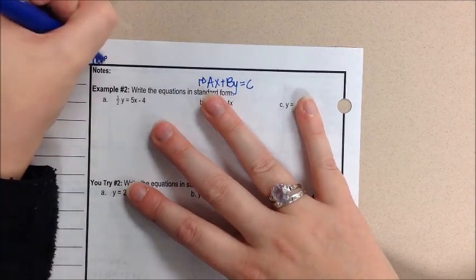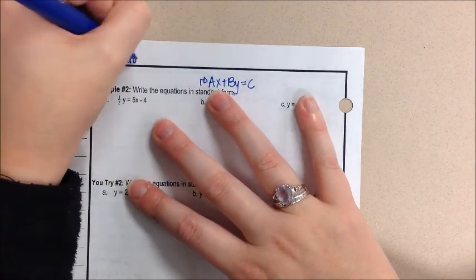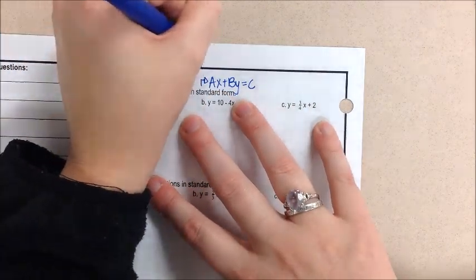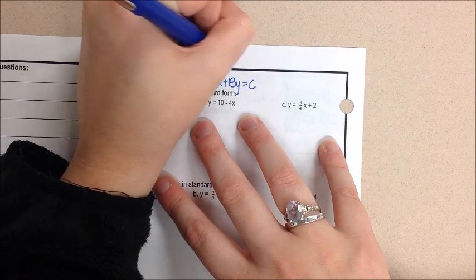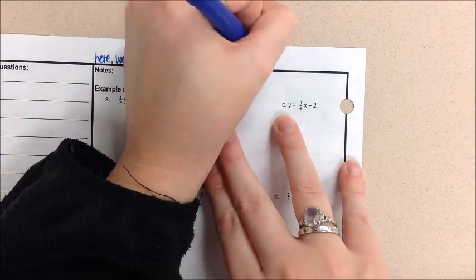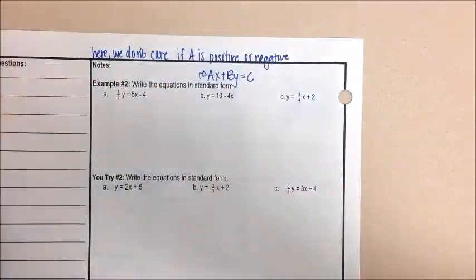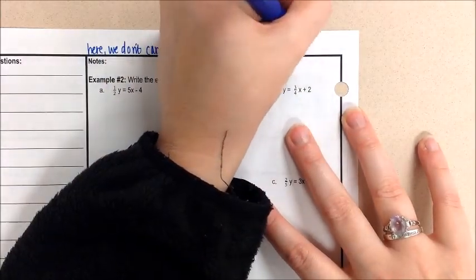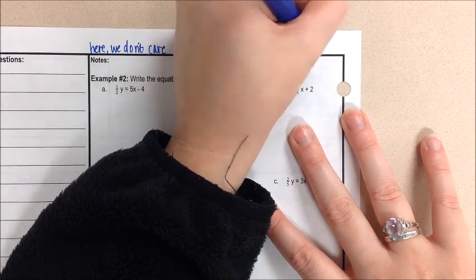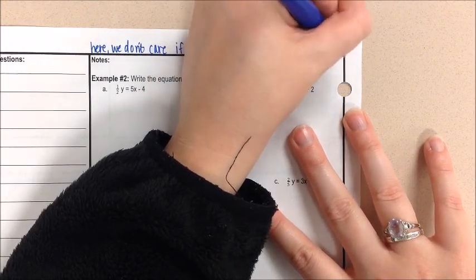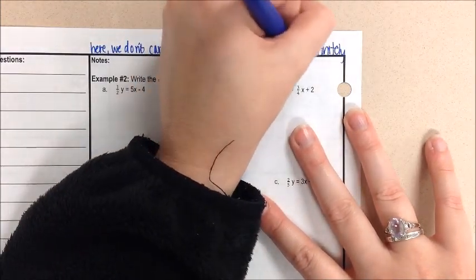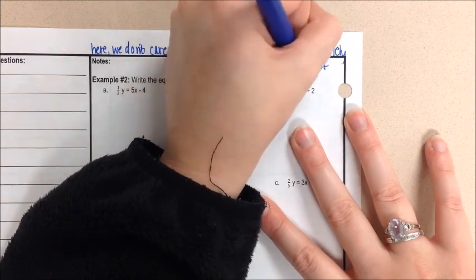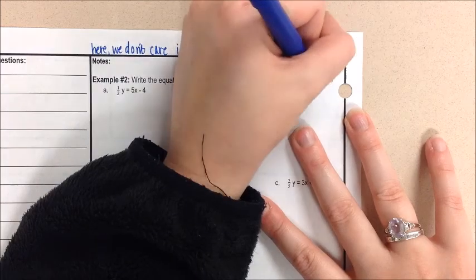So here we don't care if A is positive or negative, but we definitely want to get rid of fractions and decimals.